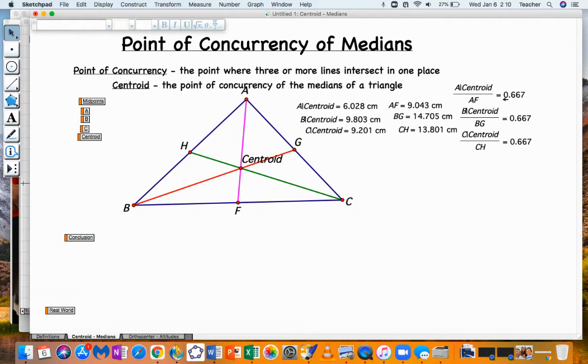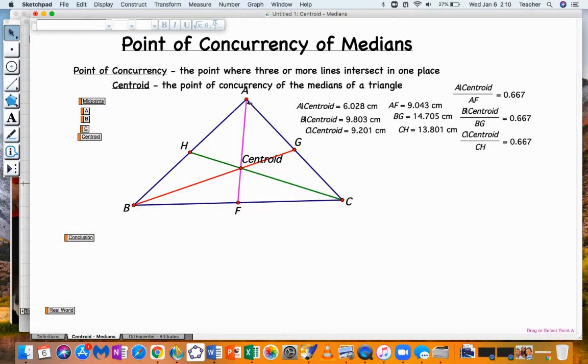All right, so how does that help me? Well, this program does decimals, but if you think back, 0.667, again, that's rounded, so really that's 0.6 repeating. As a fraction, that's 2/3. So the reason we talk about centroid is on all of these, it's consistently 0.667.